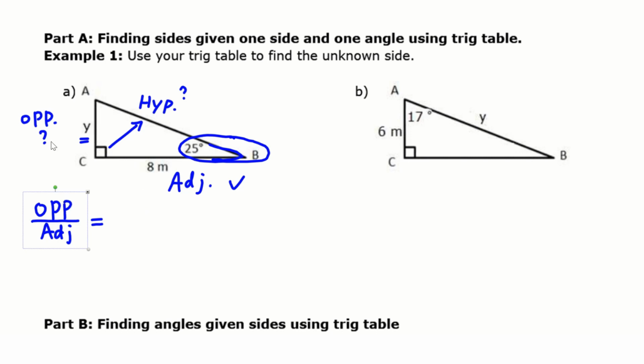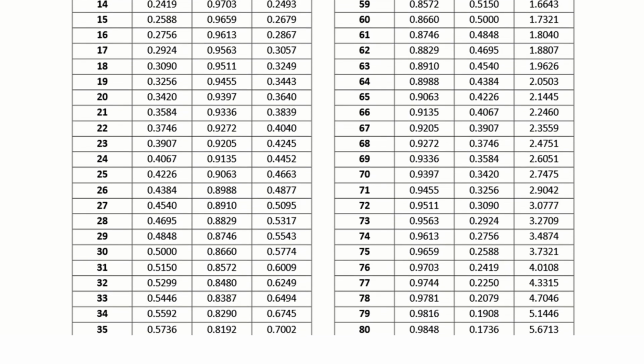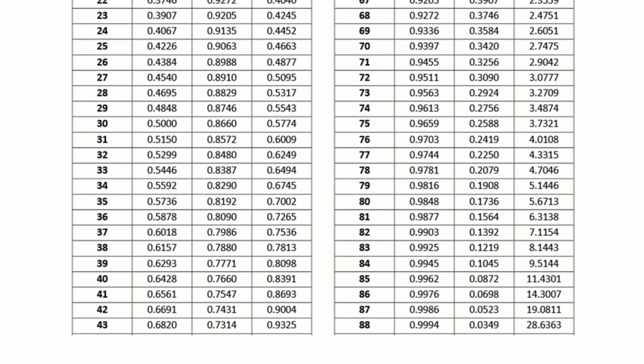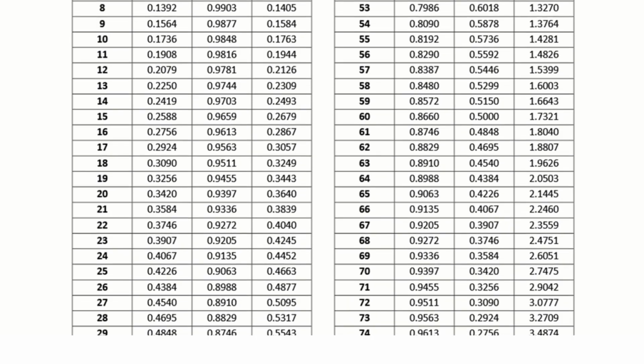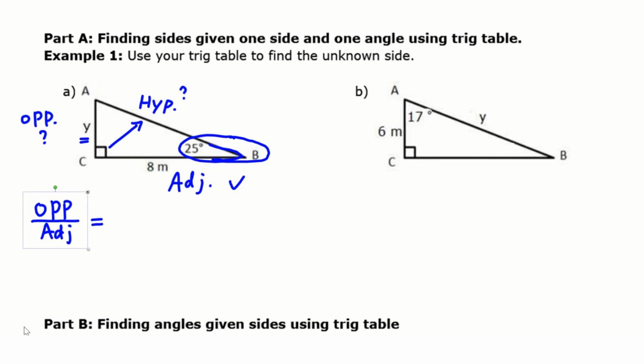What's the value for the ratio opposite over adjacent? So it's 15 degrees. Then 15 degrees opposite over adjacent is 0.2679. So we are going to copy it here, 0.2679.